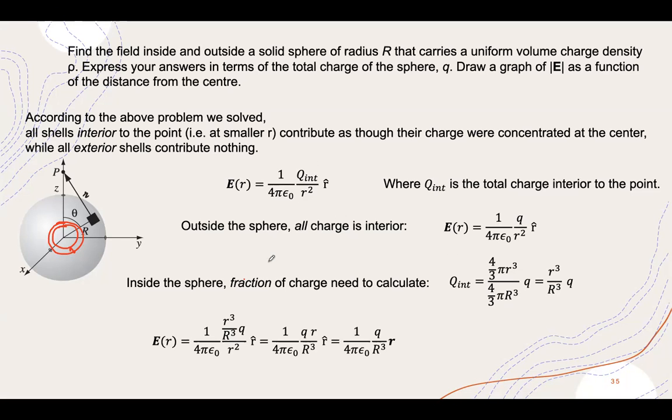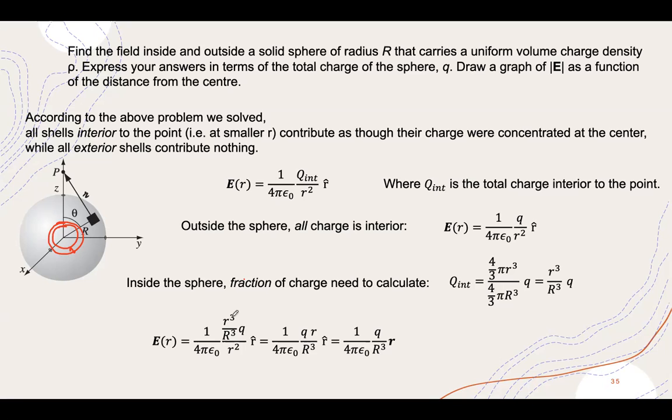Once we substitute, E_r is going to give you 1 over 4 pi epsilon naught, q over R cube times... Let me explain it one by one, otherwise we will lose track. What is going to happen if I substitute this value in this expression?